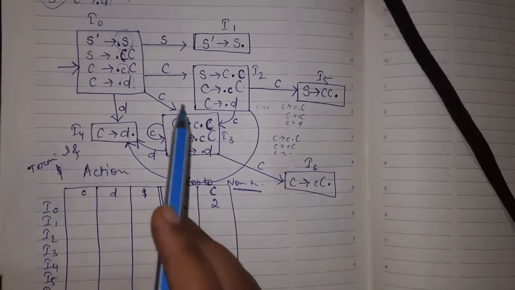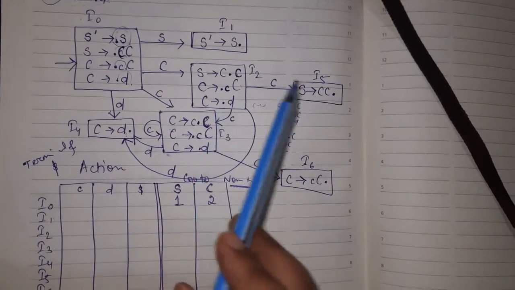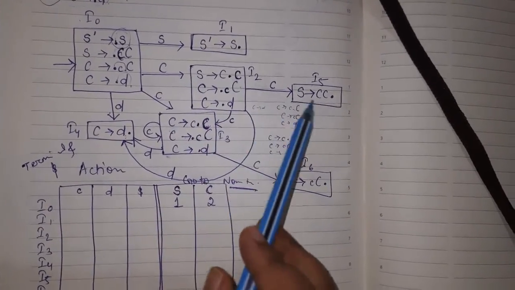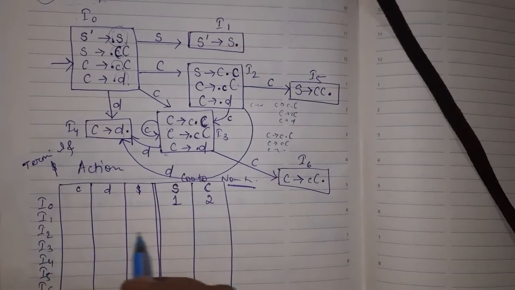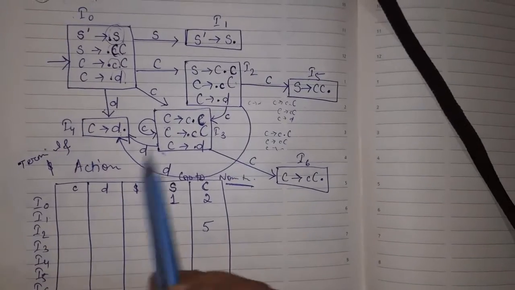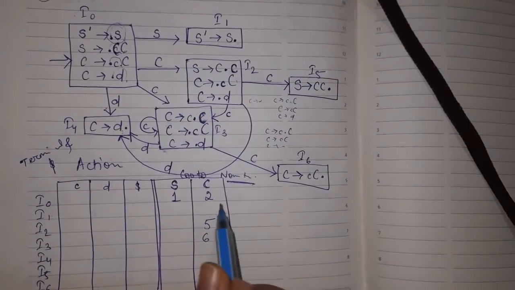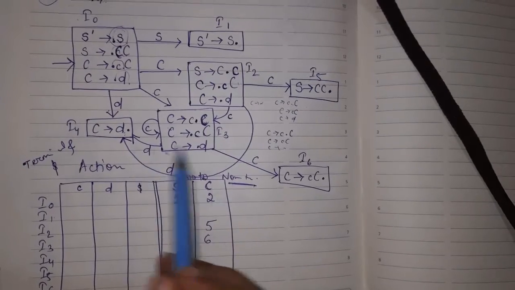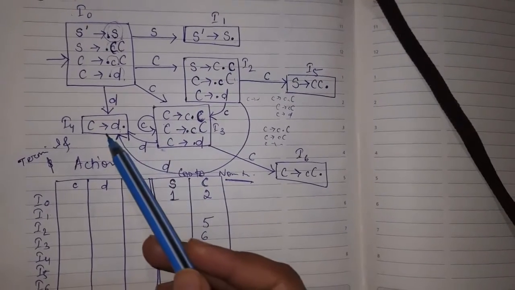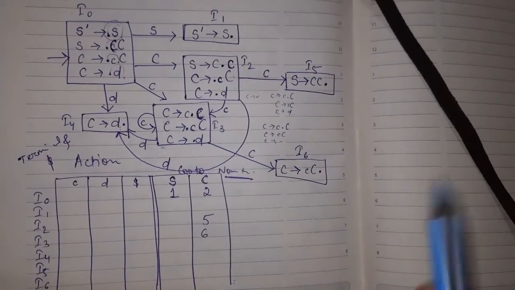Similarly, I1 is going nowhere. I2 on capital S nowhere, but on capital C it's 5. Then for I3, capital C is 6, no transition for S, and then I4 nothing, I5 nothing, I6 nothing. So the go to table is complete.